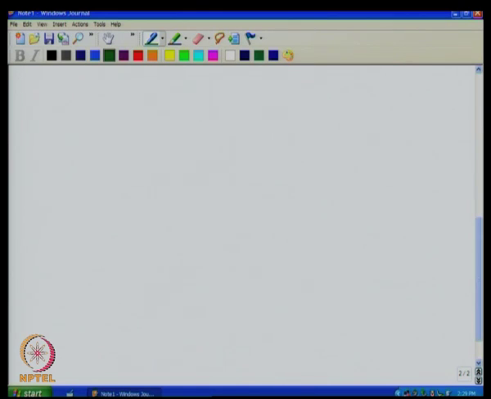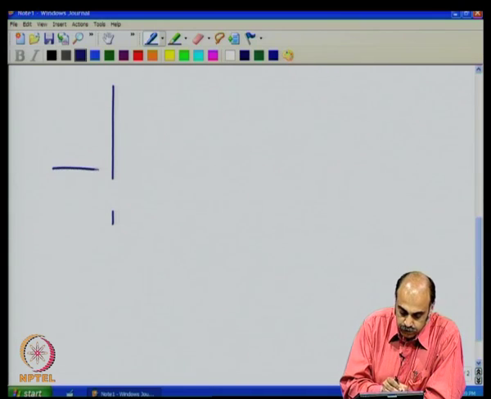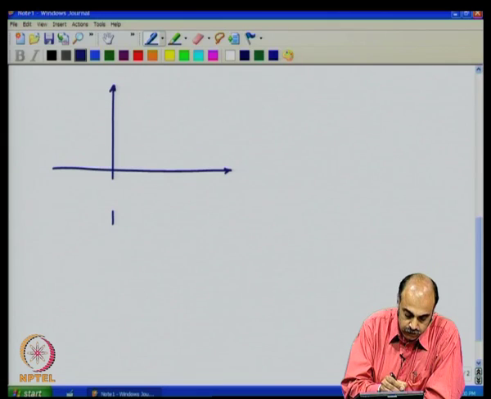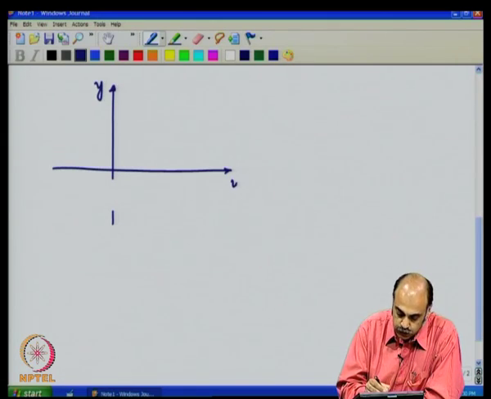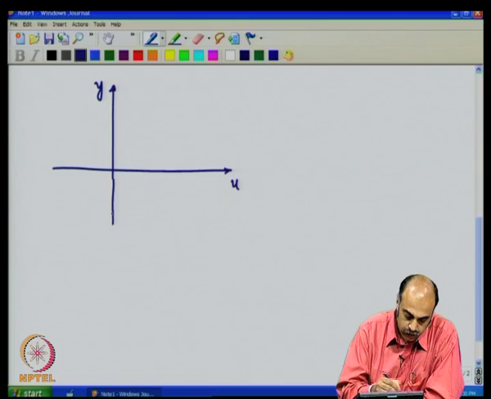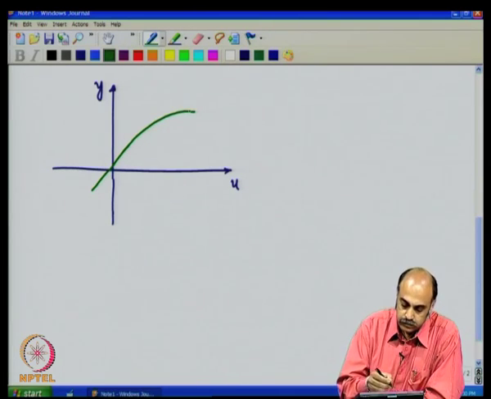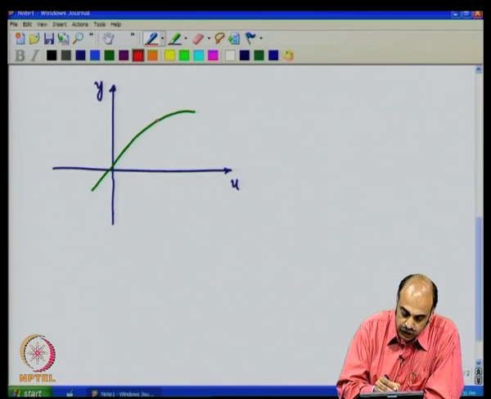If you recall, much earlier we had a transfer curve, y versus u, and this transfer curve had a nonlinear shape like this. And now, let us say this is the operating point.